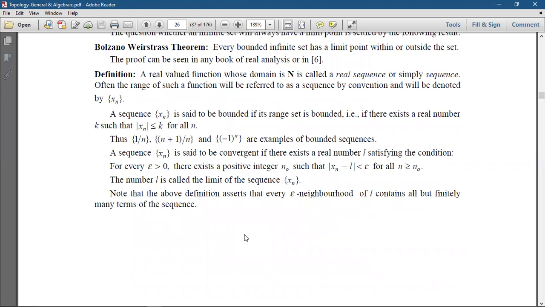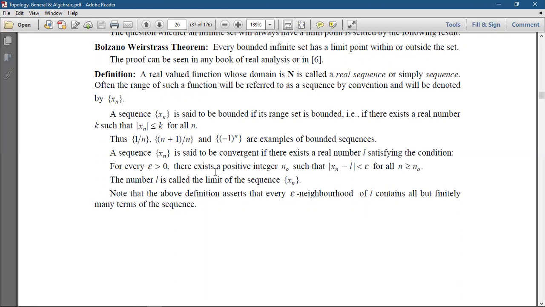A sequence {x_n} is said to be bounded if its range set is bounded, that is, if there exists a real number k such that |x_n| is less than or equal to k, that means x_n varies from minus k to k for all n. For example, 1/n and (-1)^n are examples of bounded sequences.